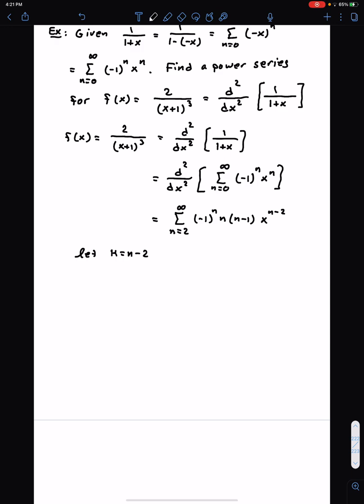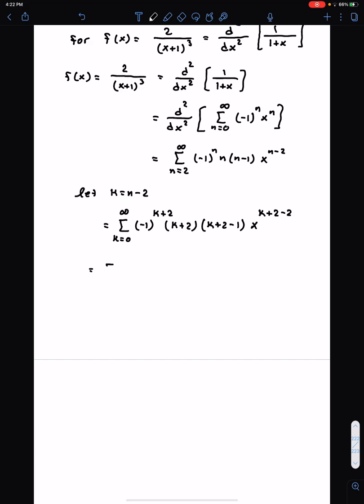If k is equal to n minus 2, then the series turns into the series from k is equal to 0 to infinity of negative 1 to the k plus 2 times k plus 2 times k plus 2 minus 1 x to the k plus 2 minus 2.